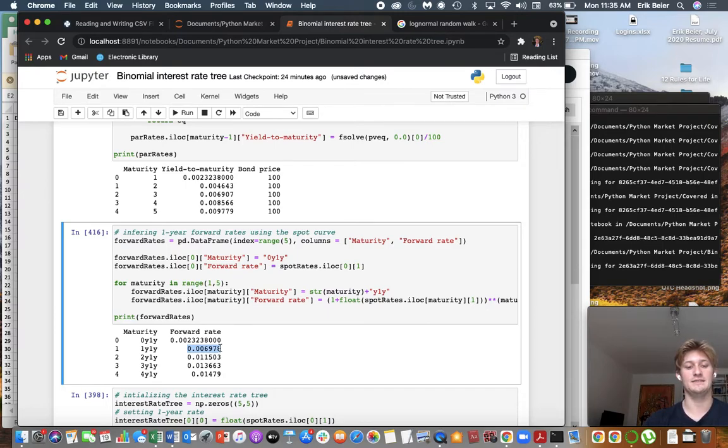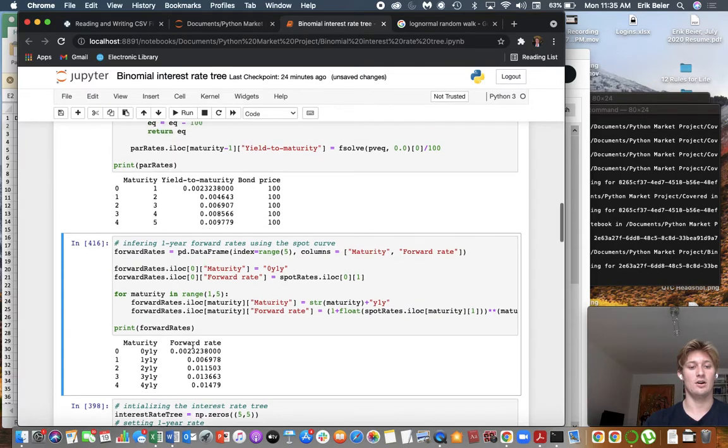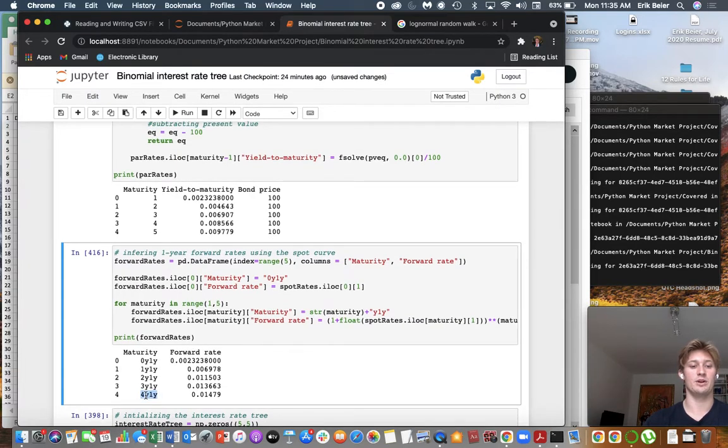Rather than investing at the 2-year spot rate, we can invest at the 1-year spot rate, and then reinvest again in 1 year at this rate, and we'll get this 2-year spot rate back again. We follow that methodology to get to all the other rates. So this is up to the 1-year rate in 4 years.